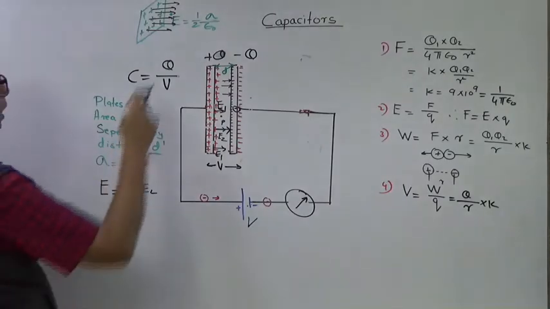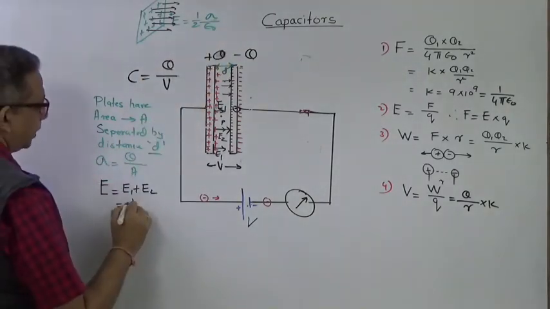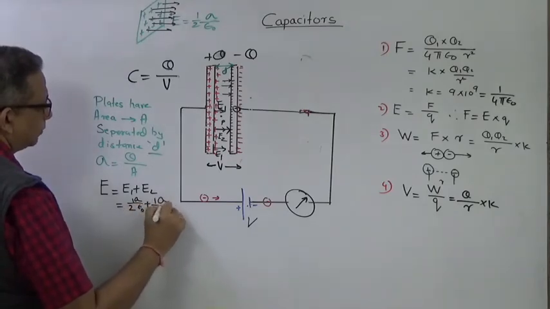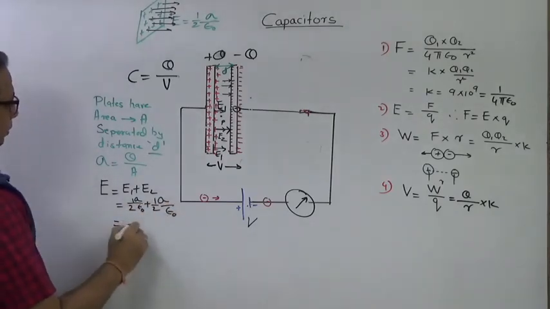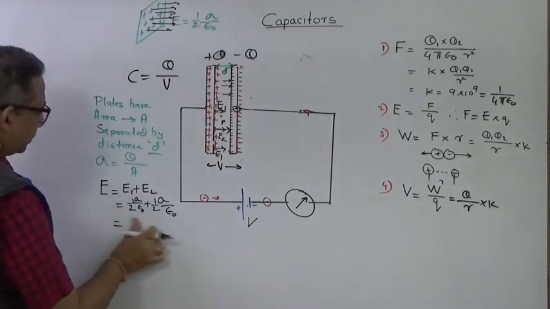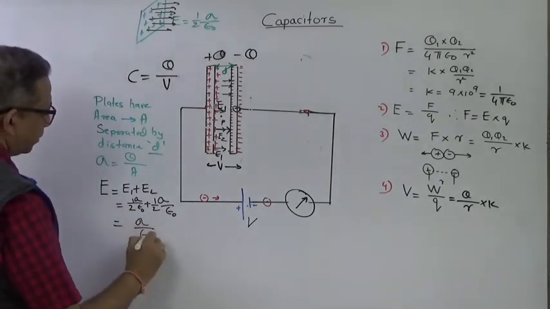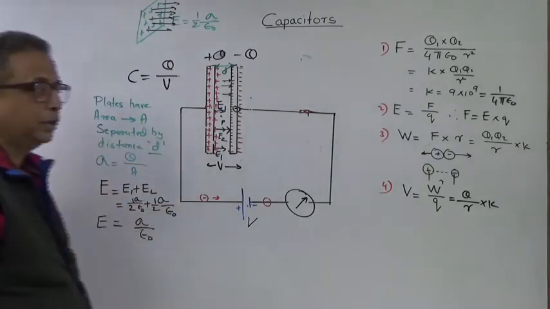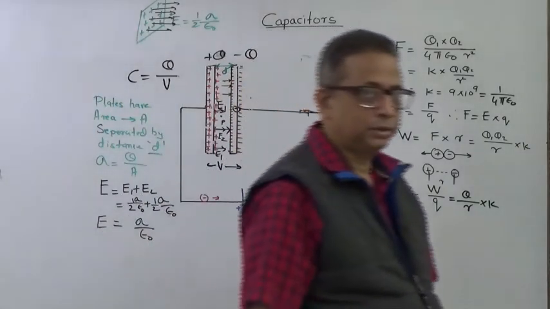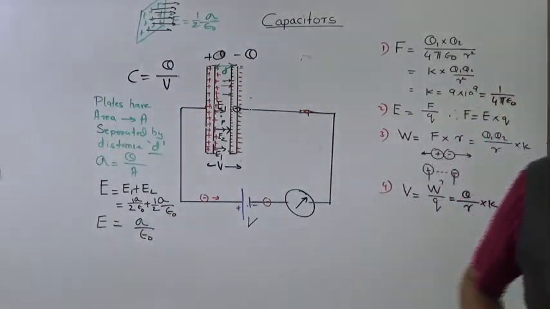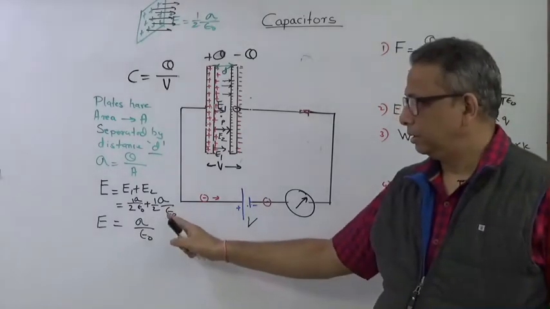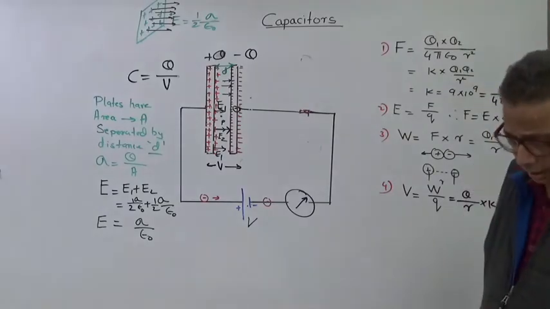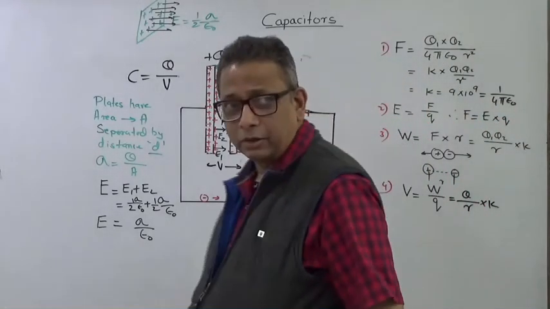So it is going to be half sigma upon epsilon naught plus half sigma upon epsilon naught, which will give me sigma upon epsilon naught as the electric intensity inside this plate due to the charge on both the plates. So I have got the value of electric intensity, which is sigma upon epsilon naught.